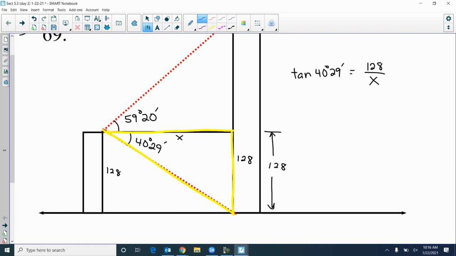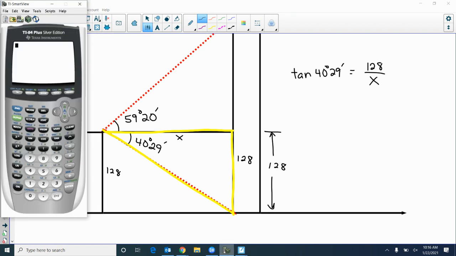Now 40 degrees, 29 minutes, depends on what you want to do. I mean, you can take 29 divided by 60, add that to 40, and take the tangent of that.